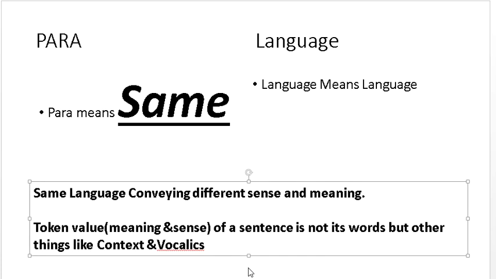In verbal communication we use language and words, but if the meaning of these words is not their literal meaning, and the way of conveying it, our speech rate or the context, is basically the key to the meaning of those words, then this is paralanguage and this is non-verbal communication, because the meaning is served through the context or vocalics.